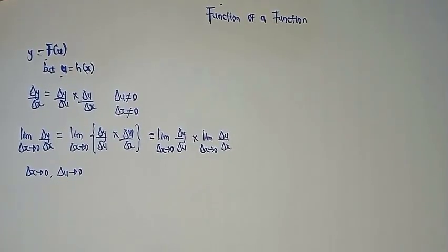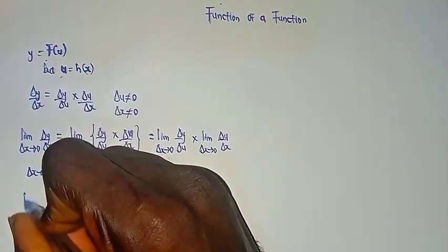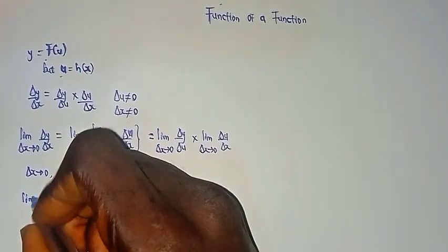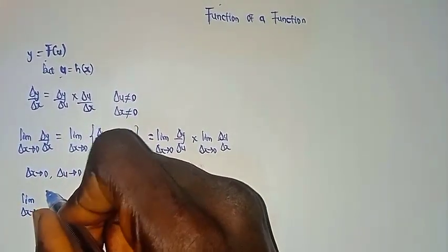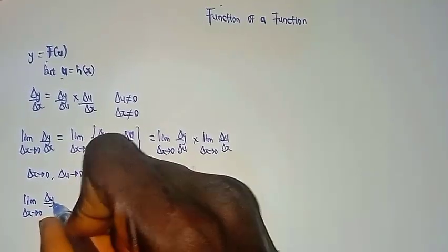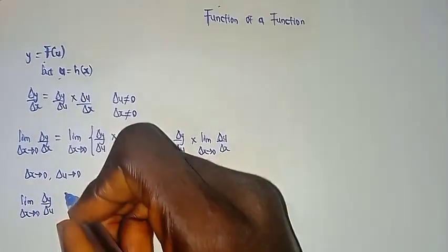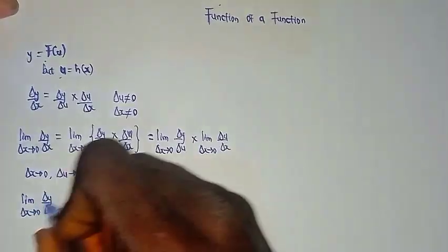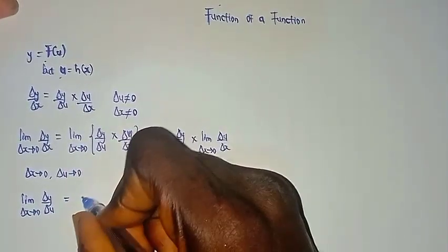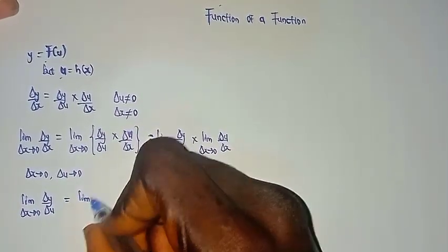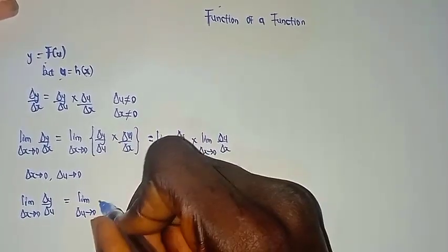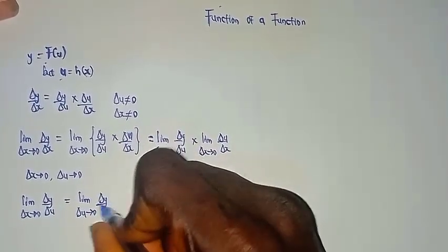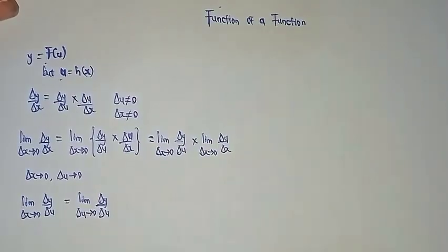So we can say that limit as delta x approaches 0 of delta y over delta u is this limit as delta u approaches 0 of delta y over delta u, right?